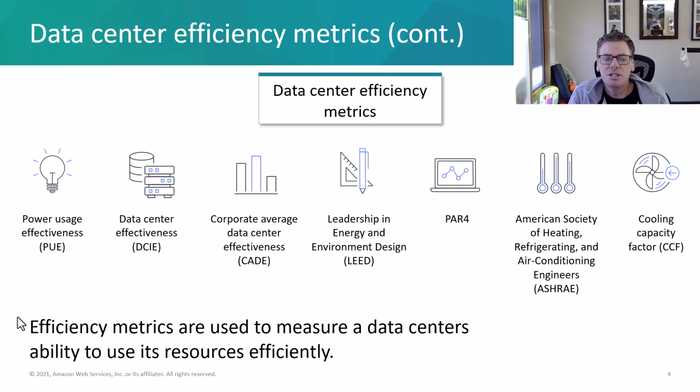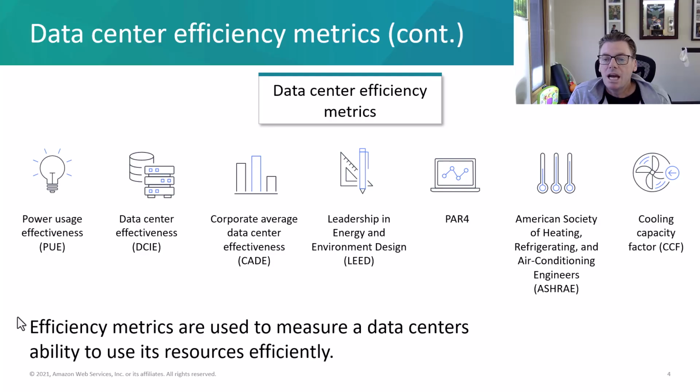So some of those efficiency metrics that we're going to look at: the PUE, or power usage effectiveness, the DCIE, data center effectiveness, corporate average data center effectiveness, leadership in energy and environmental design, LEED. We'll look at PAR 4.